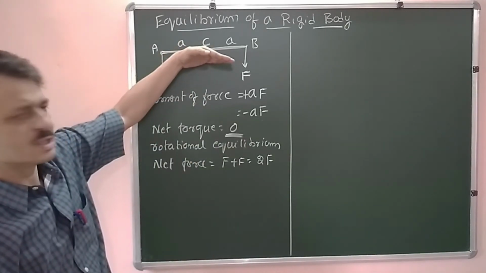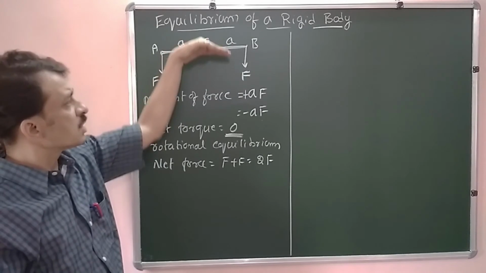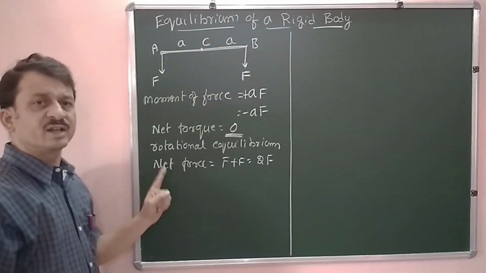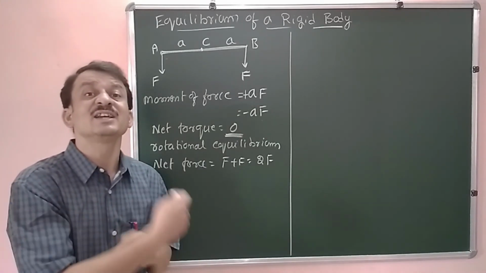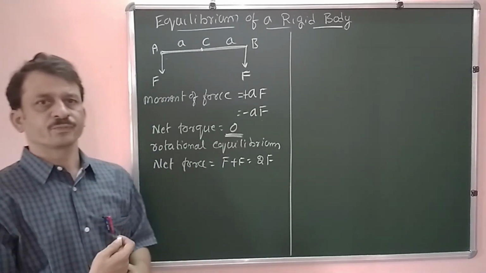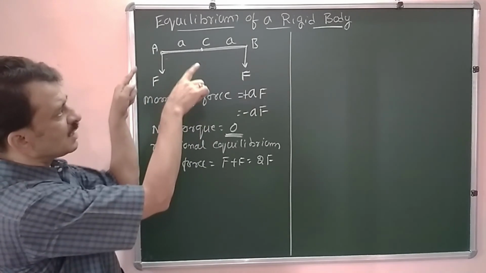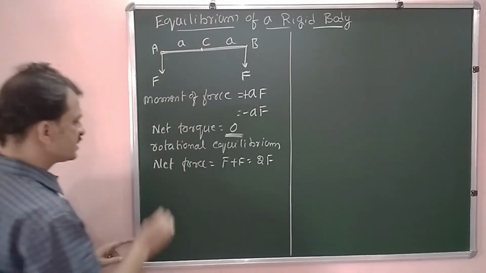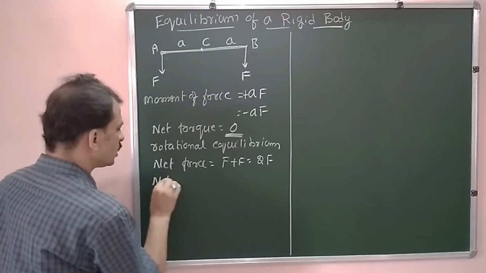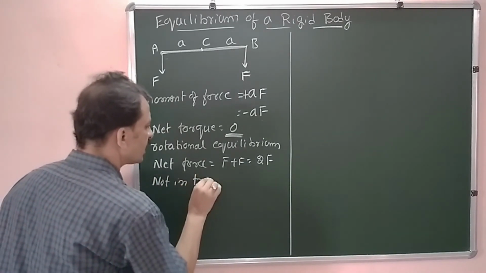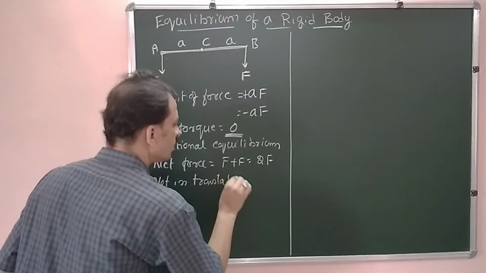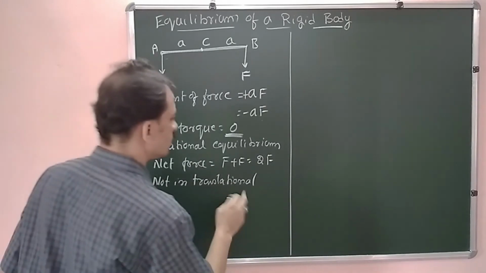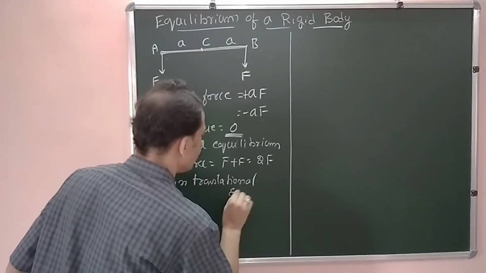Therefore, these two forces move the rod downwards. That means the rod is having a translational motion. Because of the two forces, the rod is going to execute a translational motion, and hence the rod is not in translational equilibrium.